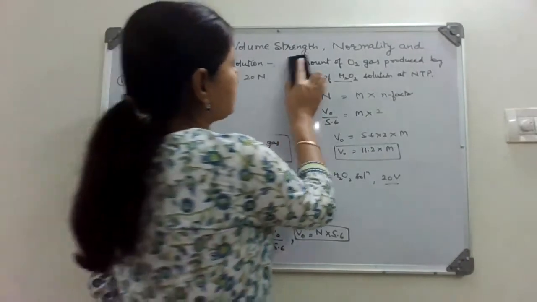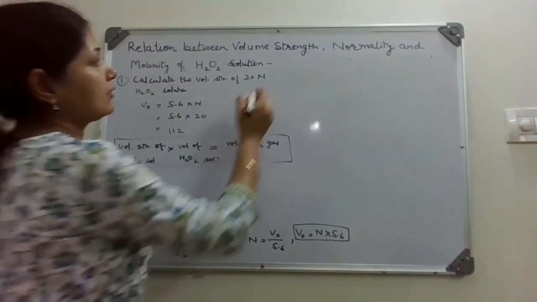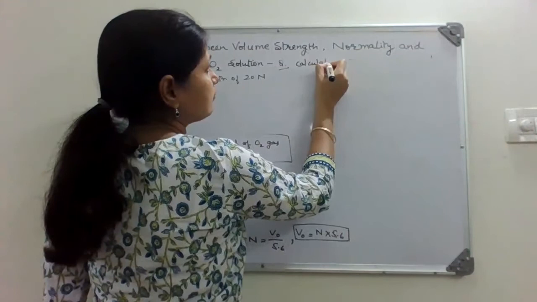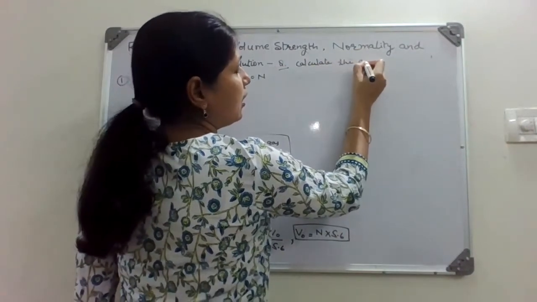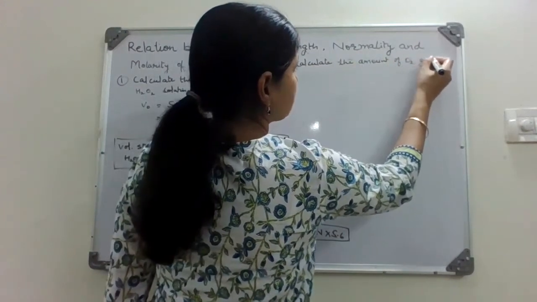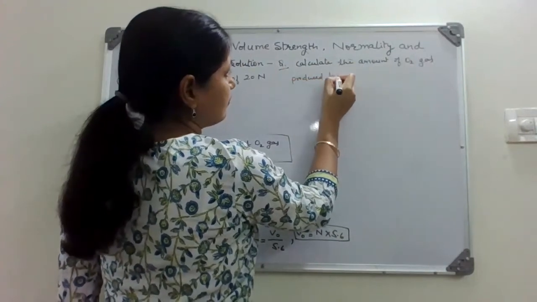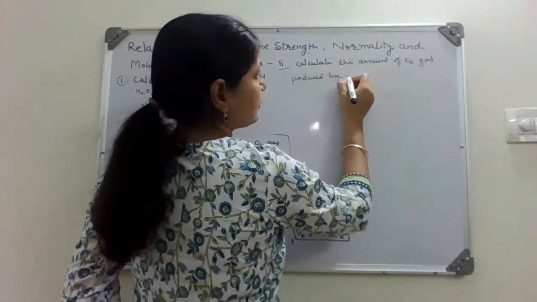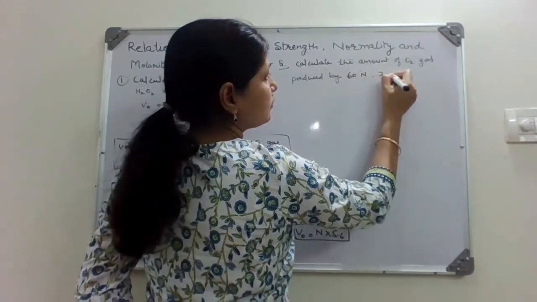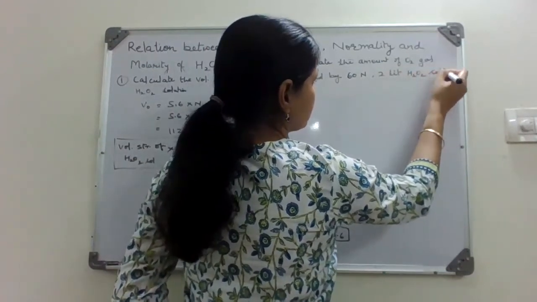Let's see one more type of question asked. Calculate the amount of oxygen gas produced by 60 V, 2 liter H2O2 solution.